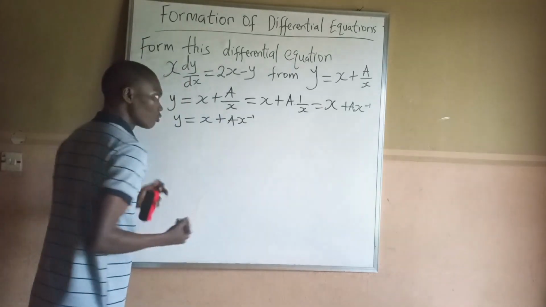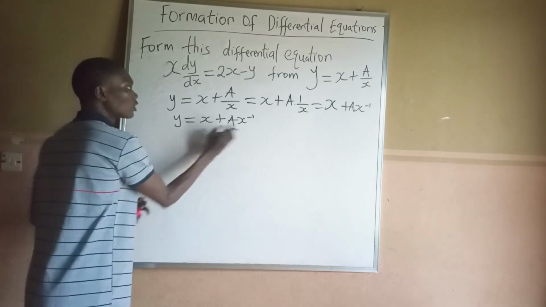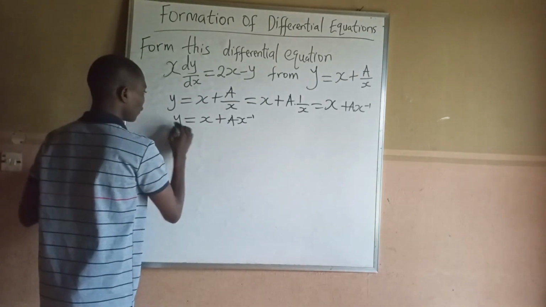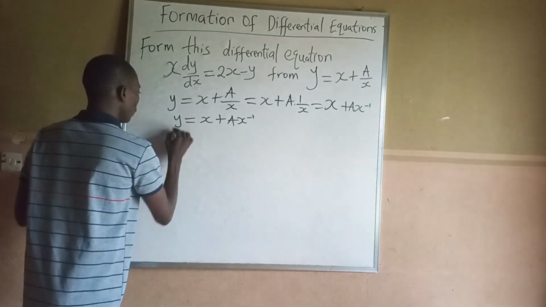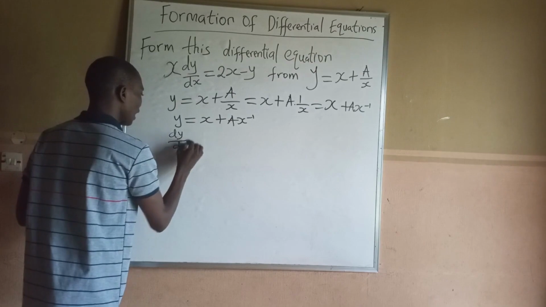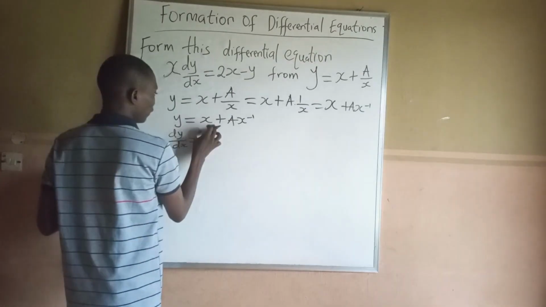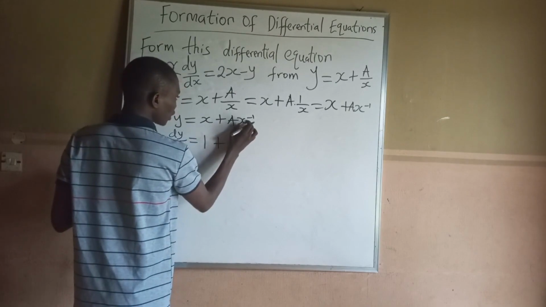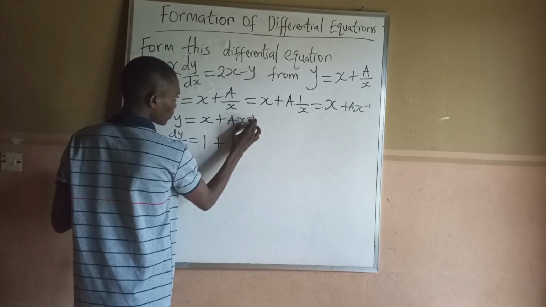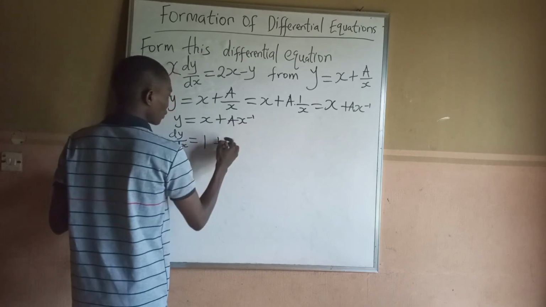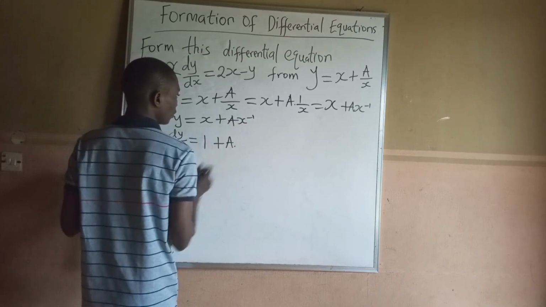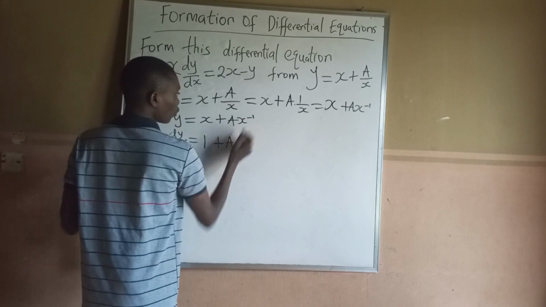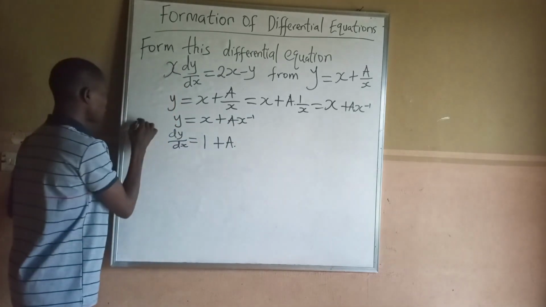Okay? So what I'm going to do is differentiate y with respect to x. If I'm differentiating y with respect to x, I will have dy/dx equals, if I differentiate this, 1 plus, since I'm differentiating with respect to x, I will keep a constant, a times the derivative of x raised to power minus 1.